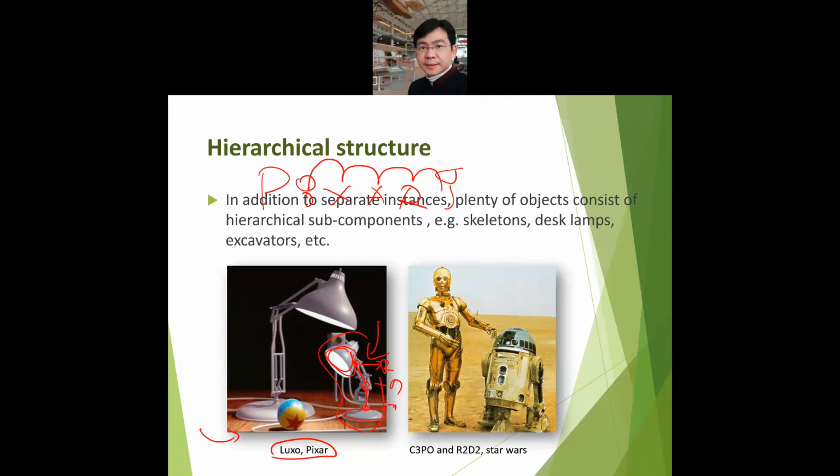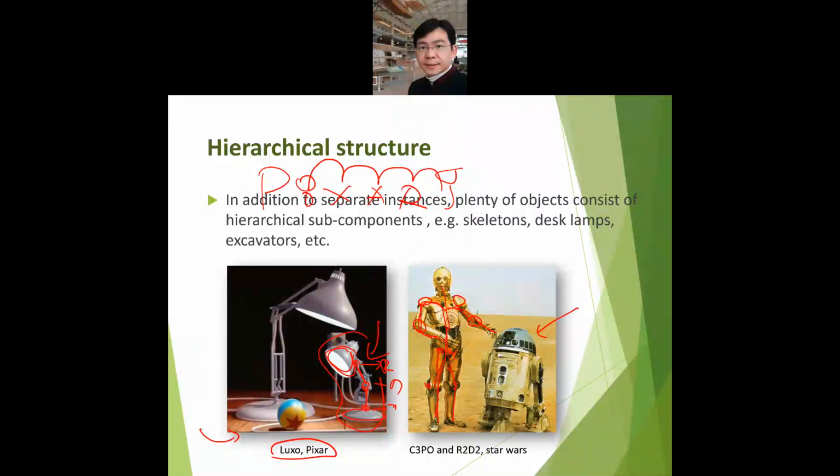For instance, this is the Star Wars C3PO, right? It is actually based on a skeleton structure. We have some legs here, the torso here, and then some skin. You can observe we have a lot of joints here to control it.